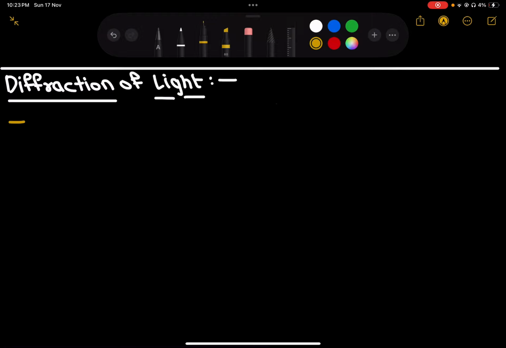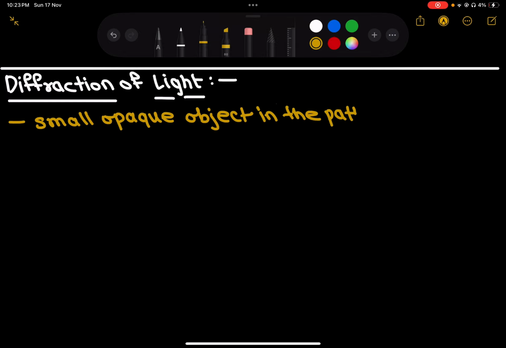So if a small opaque object comes in the path of light, then what happens? The light rays tend to bend around the object.